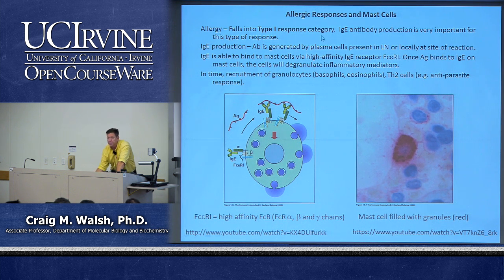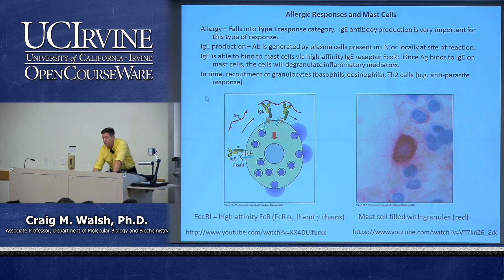IgE needs to be produced in such a way that it's specific for what would essentially be an innocuous antigen, but somehow that antigen makes its way into some mucosal site in the body, either through the lungs, the airways, the gut, or the skin. Then you activate both T cells and B cells, and the T cells that are important in this case are Th2 cells. And so you can get activation of these mast cells.